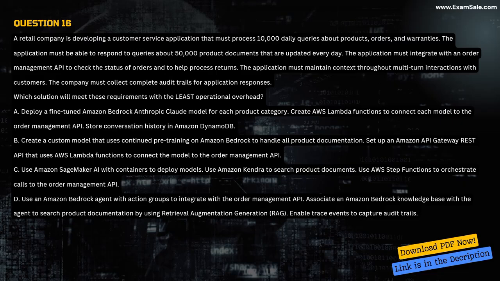Set up an Amazon API Gateway REST API that uses AWS Lambda functions to connect the model to the Order Management API. C. Use Amazon SageMaker AI with containers to deploy models. Use Amazon Kendra to search product documents. Use AWS Step Functions to orchestrate calls to the Order Management API.